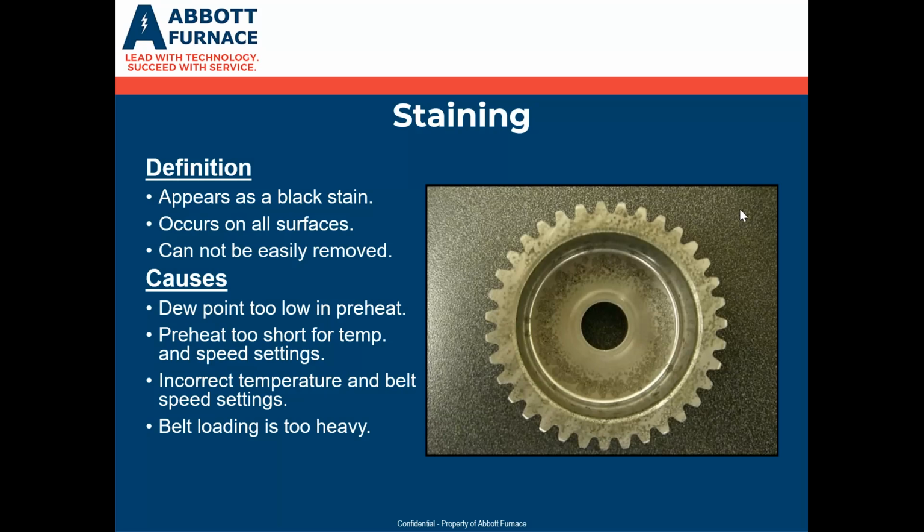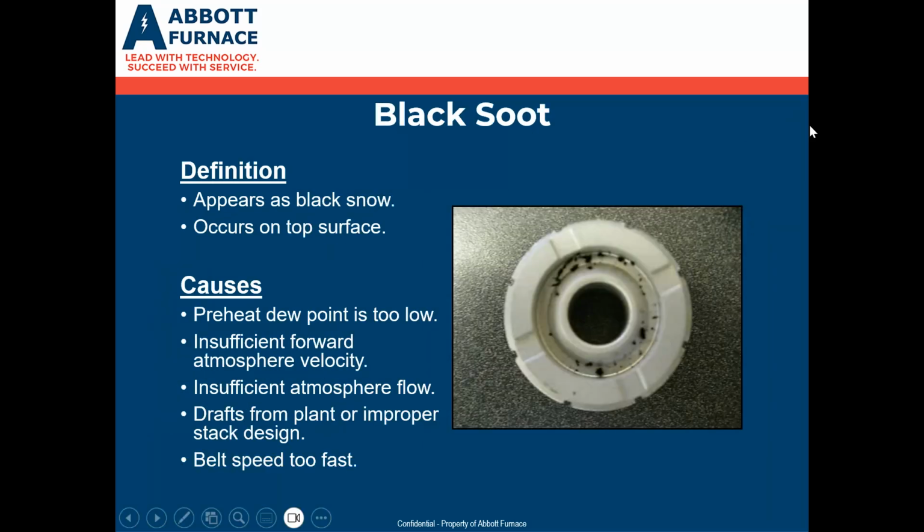So the black soot, this is more of the black snow. This is the kind of soot you could blow off with an air gun or wipe off with a rag. What happens again is the dew point in the front of the furnace is too low. There's not enough oxygen available to react with those carbon vapors.